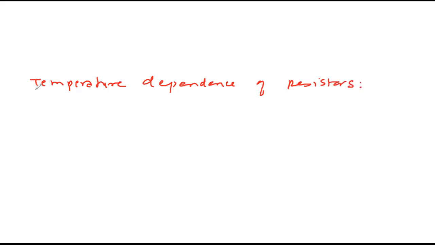Then write temperature dependence of resistor. Temperature dependence of resistance. If length is increased, what about resistance? It will increase.